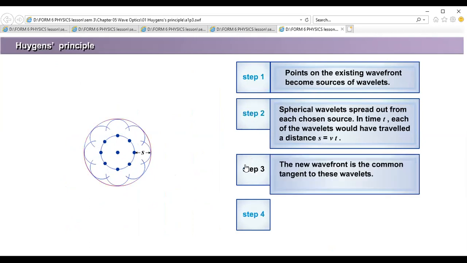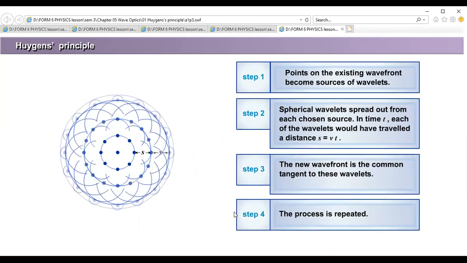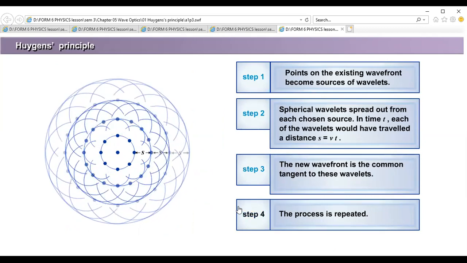Then the new wavefront is the common tangent to these wavelets, and the process is repeated to get more waves with the same properties. These are the two examples of the Huygens Principle for a plane wave and also a circular wavelet.